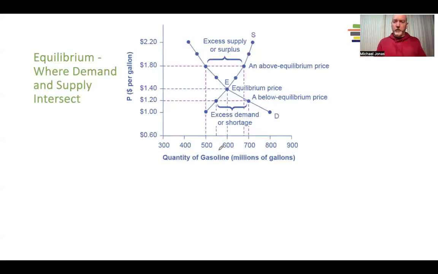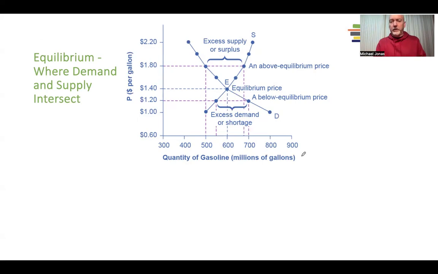So just as a quick reminder, when we're looking at that intersection of supply and demand, there is a process by which we achieve that equilibrium. We can see that most easily by asking what's happening in the market when we're at any other point.